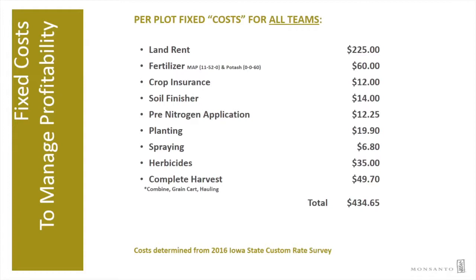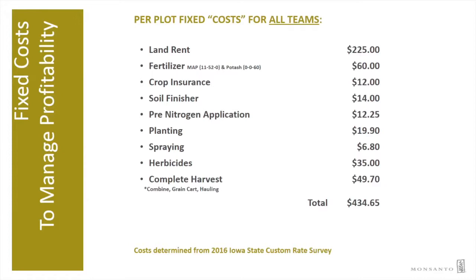Our nitrogen application rate will be right at $12.25 per acre. Now that's just the application. That doesn't take into consideration what nitrogen rate you're going to apply. We're going to charge you $19.90 an acre to plant. That takes everything into consideration with the tractor, planter, and using those services to go plant.